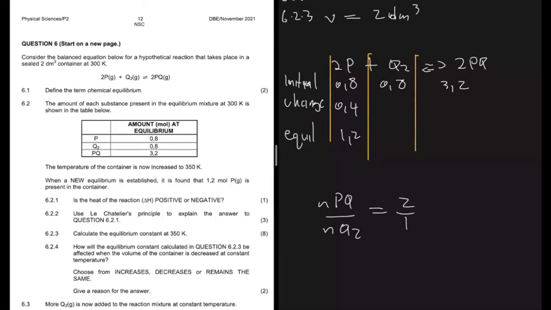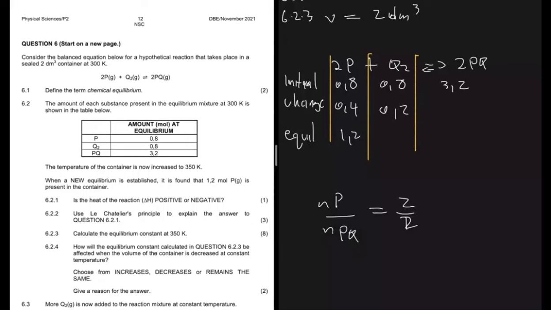So 0.4 divided by 2, that will give us 0.2. And then for P and PQ, the balancing coefficients are the same. So in our equation here that we're establishing, this was supposed to be P and not PQ. So here for PQ, we're just gonna have 2 divided by 2, which is just 1.